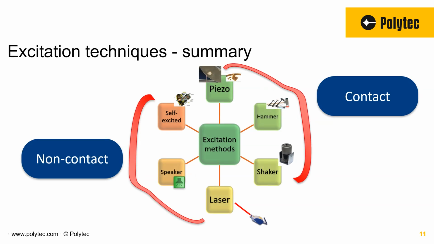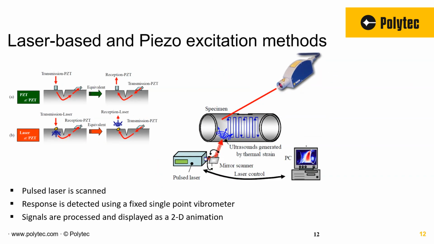So that covers that. Now let's go to one more. This is laser-based excitation. Again, a little niche method for non-contact excitation, but it could be very helpful, especially for some of the high frequency applications or where you want to speed things up. This study here is by researchers who were doing some defect detection.